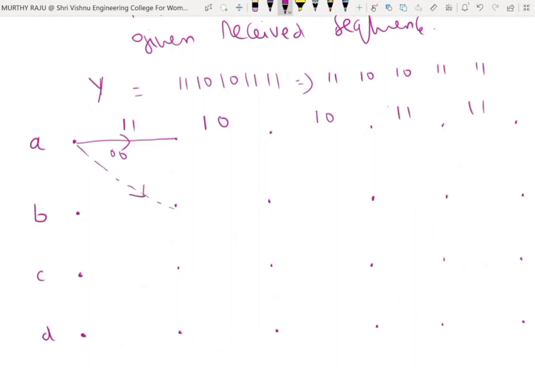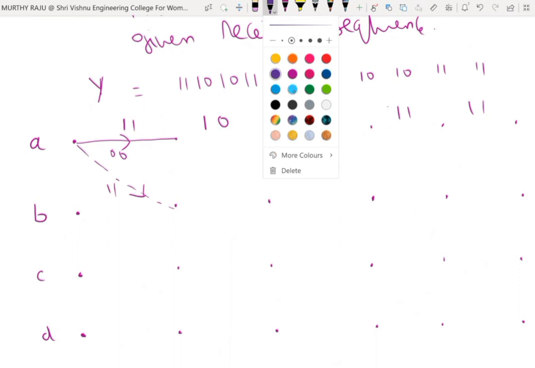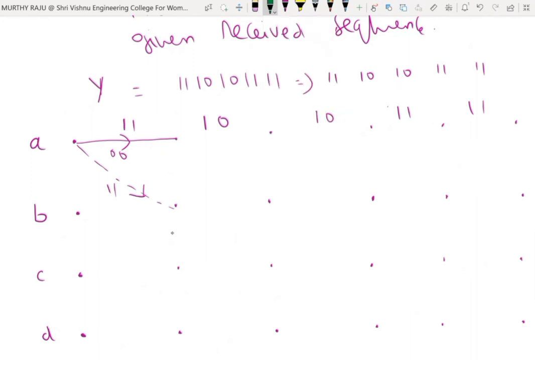Here input bit is 1, with output 1 1. Divide this into time steps. These are the time steps.